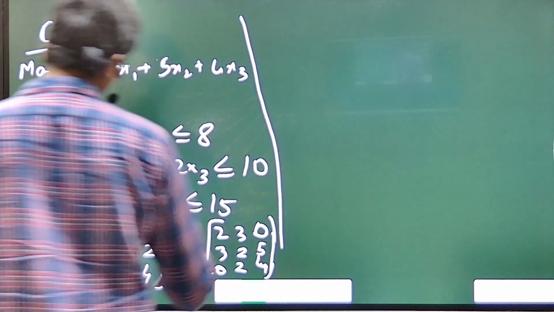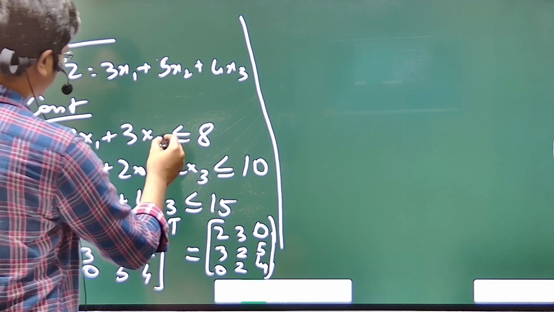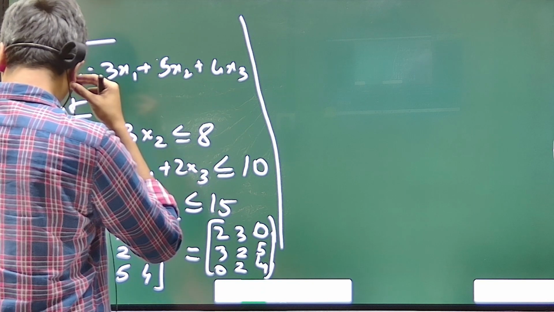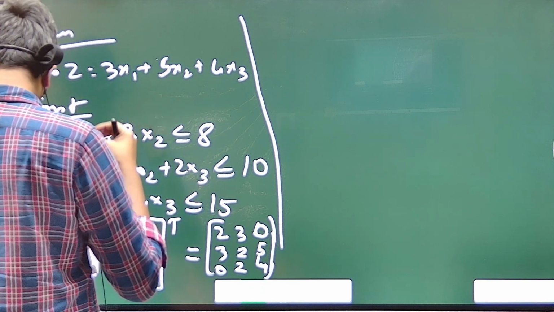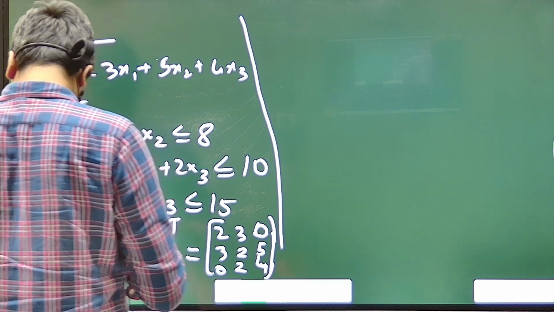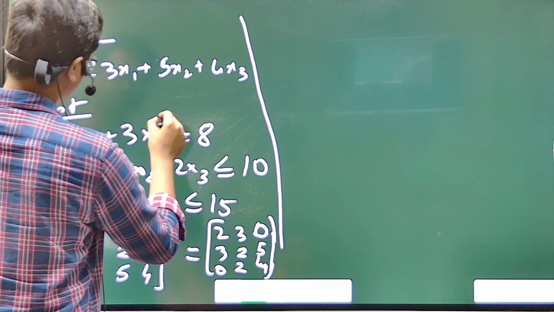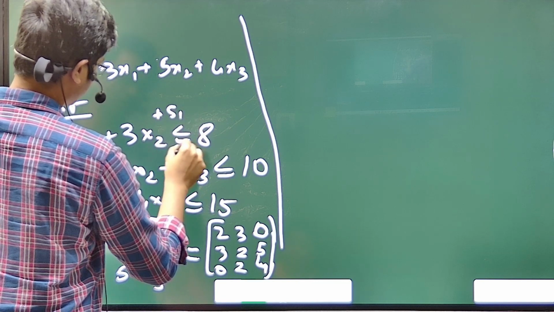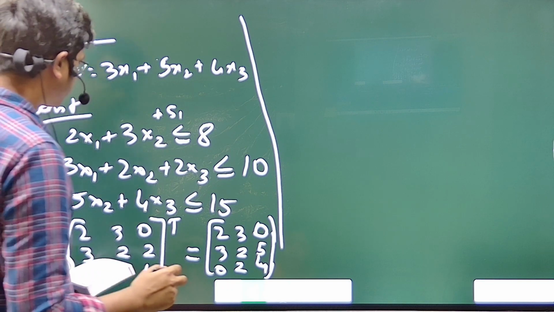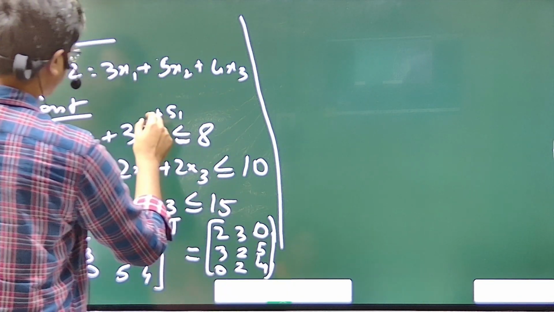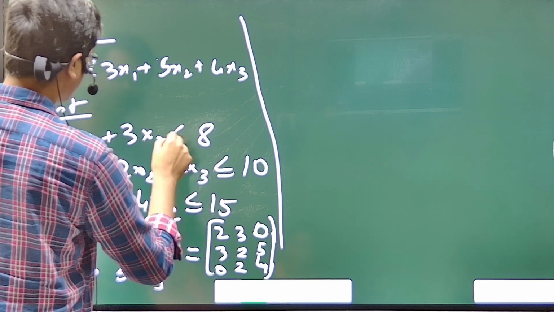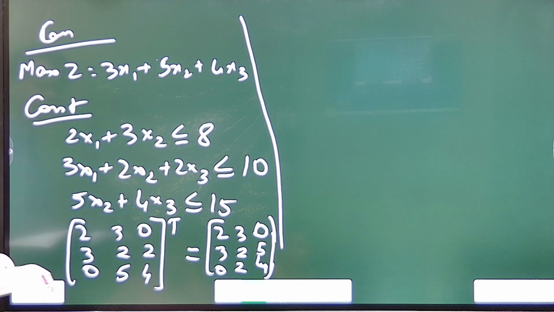So in less than problem, in dual form, we will add 1 plus and make this equal to. This is called surplus variable. I have told you, right?